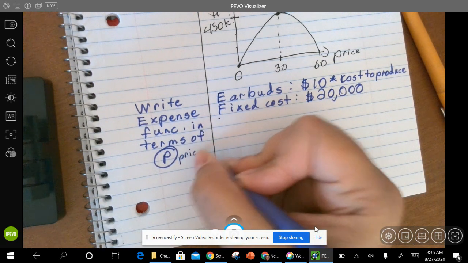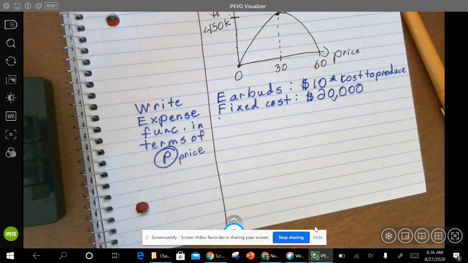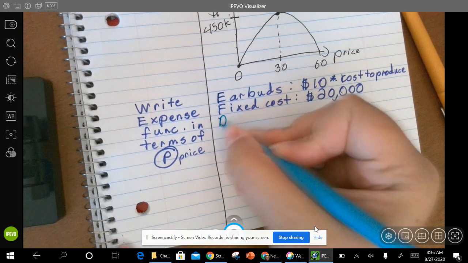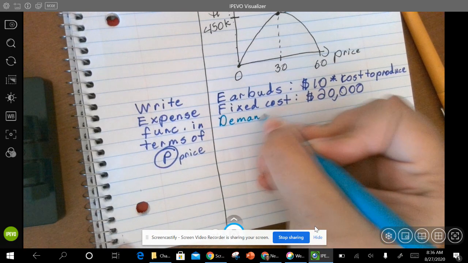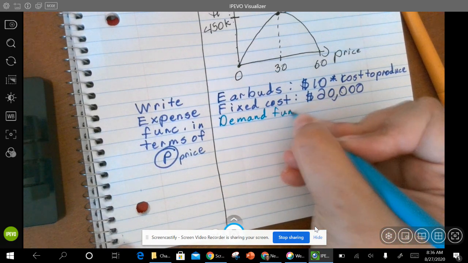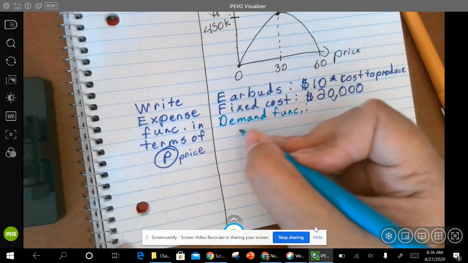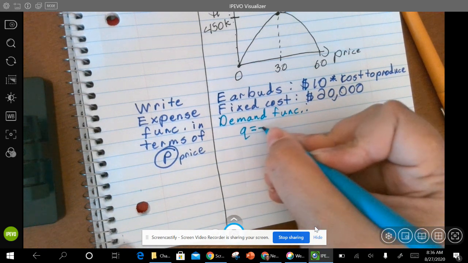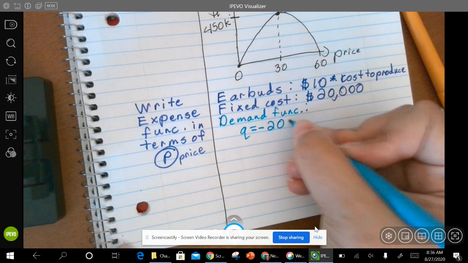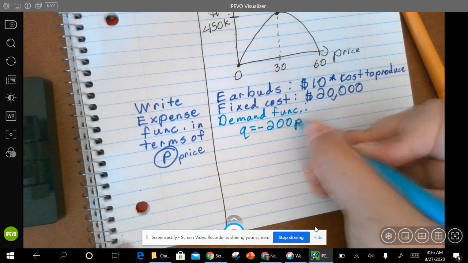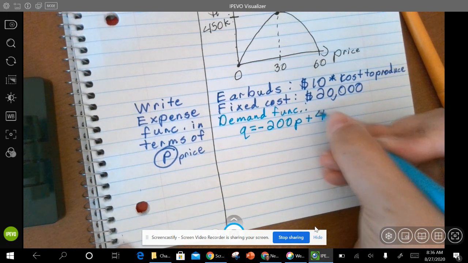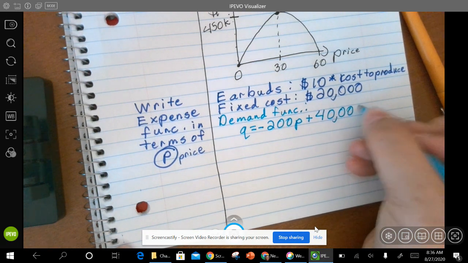Our demand function for this is going to be Q, the quantity, is equal to negative 200 times the price plus 40,000.